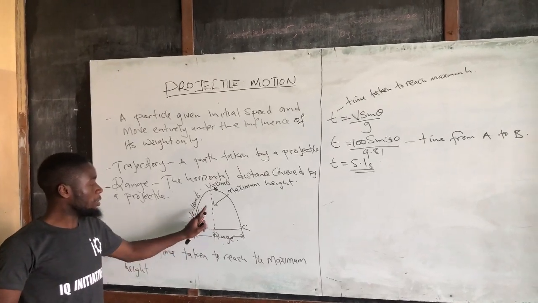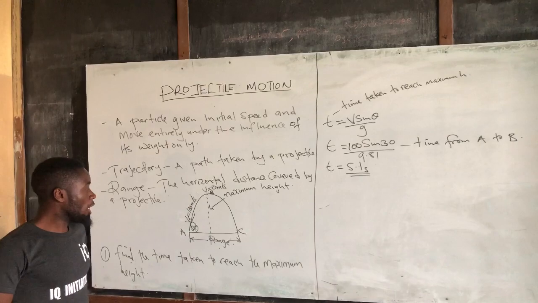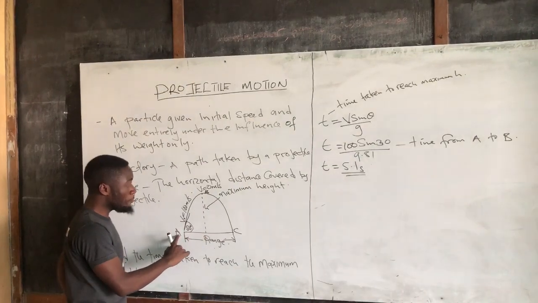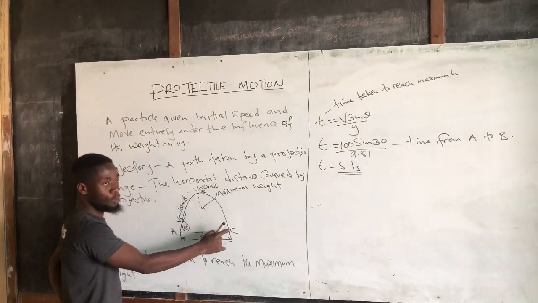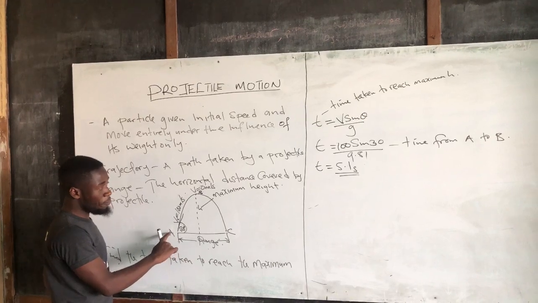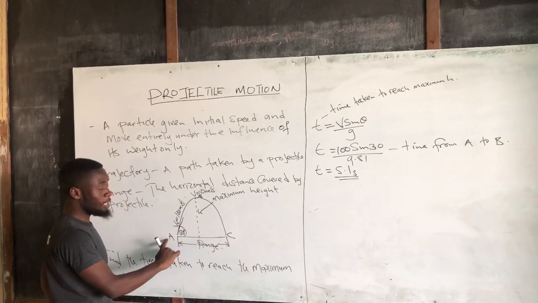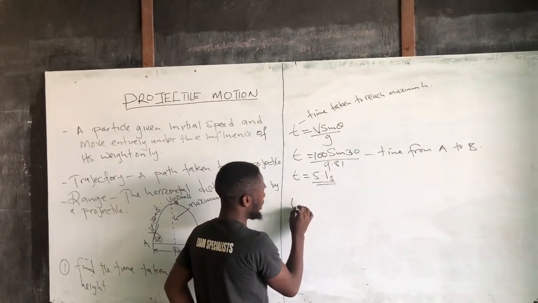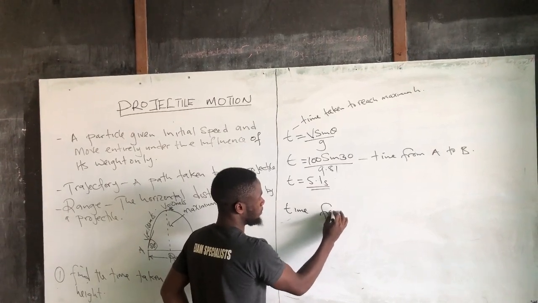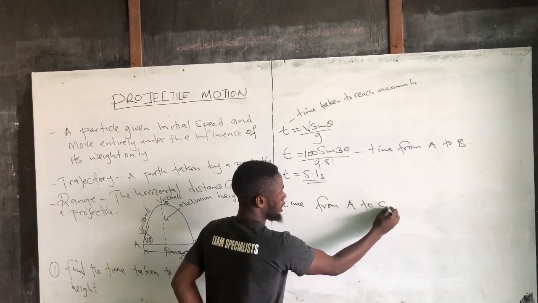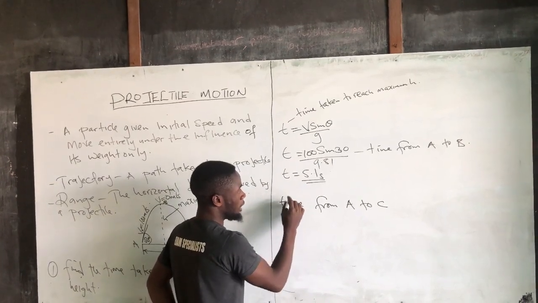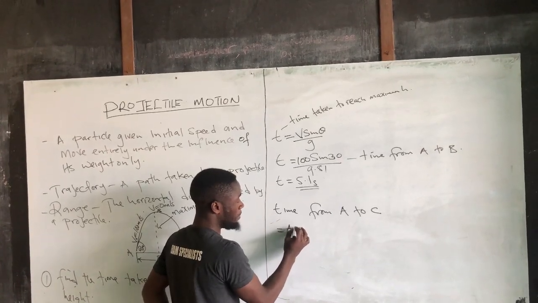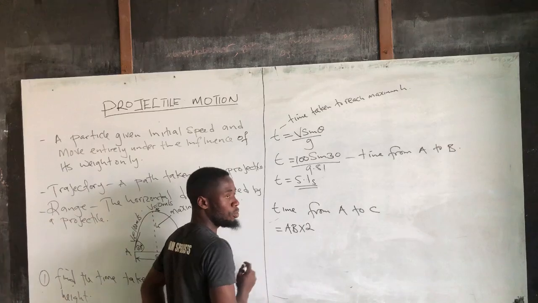The time from A to B is the same as the time from B to C. So to find the time from A to C, we just multiply the time from A to B by 2.